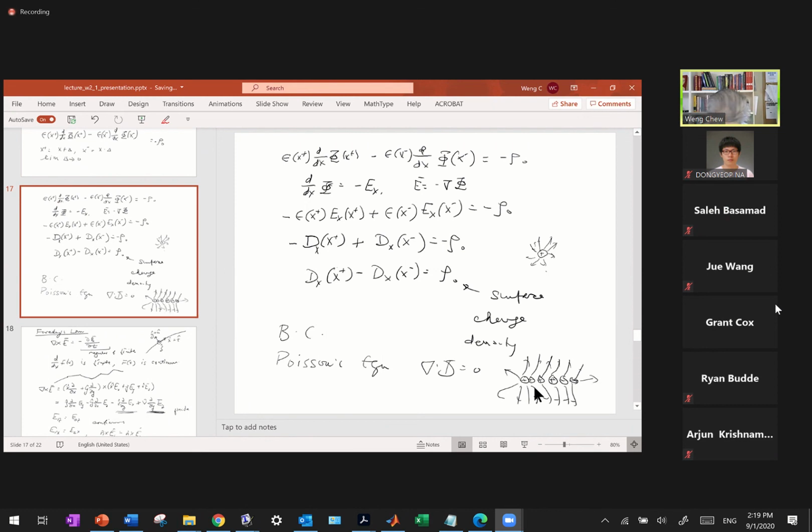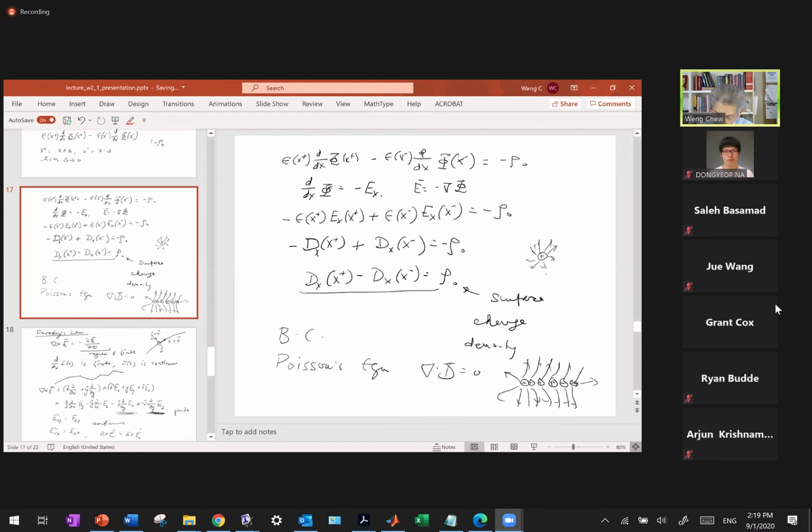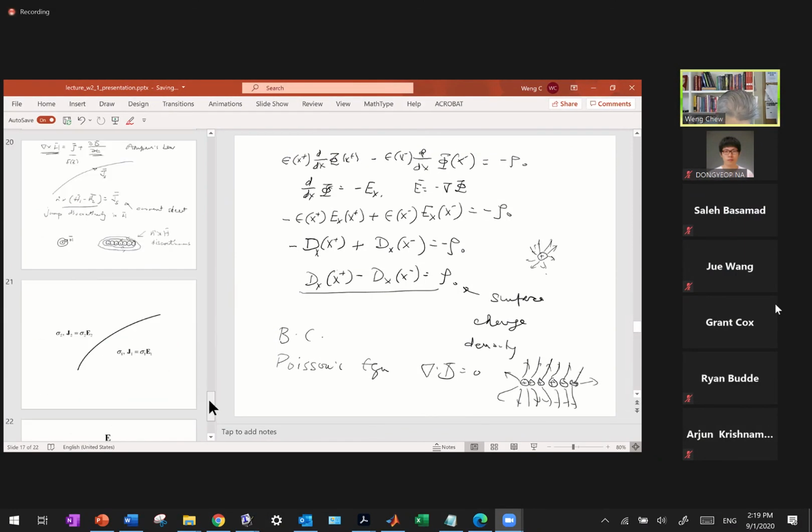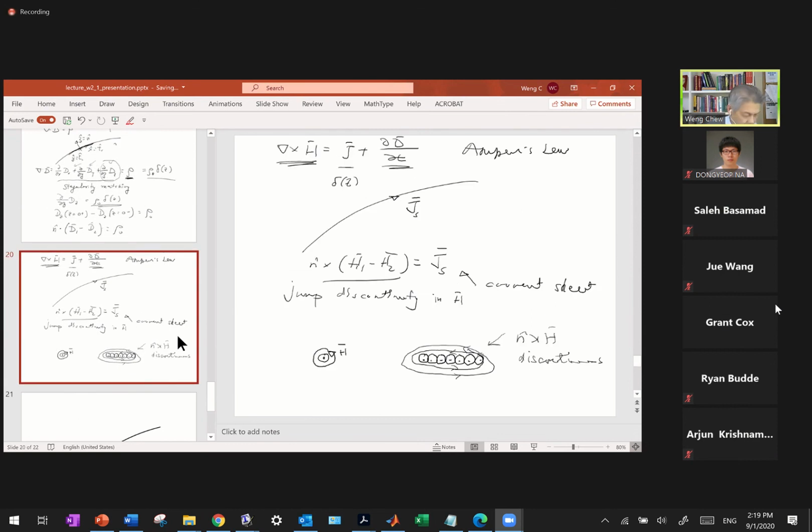You can see that the normal component of the electric flux is discontinuous across this charge density. That's what it means physically. You can repeat the same for Gauss's law for magnetic flux, and that would be that the normal component of the flux is continuous.